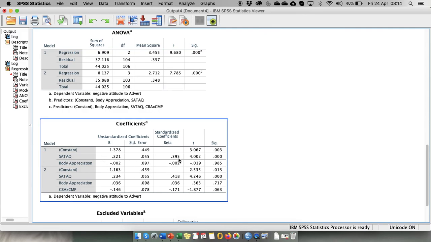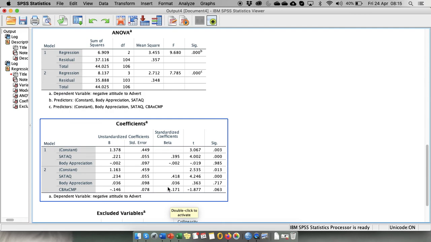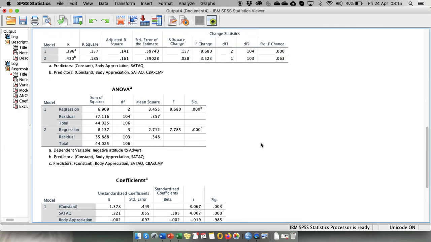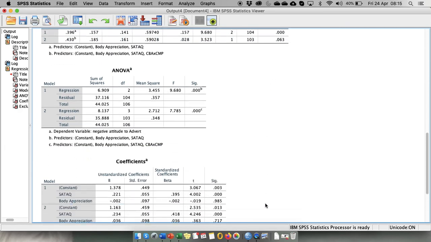Media pressure has a significant effect on negative attitudes to the advert, but body appreciation actually contributes nothing to the model, it's almost at zero. If we look at step 2, we can see here that our moderation effect is not significant, and this significance level is exactly the same as the significance level for our step.